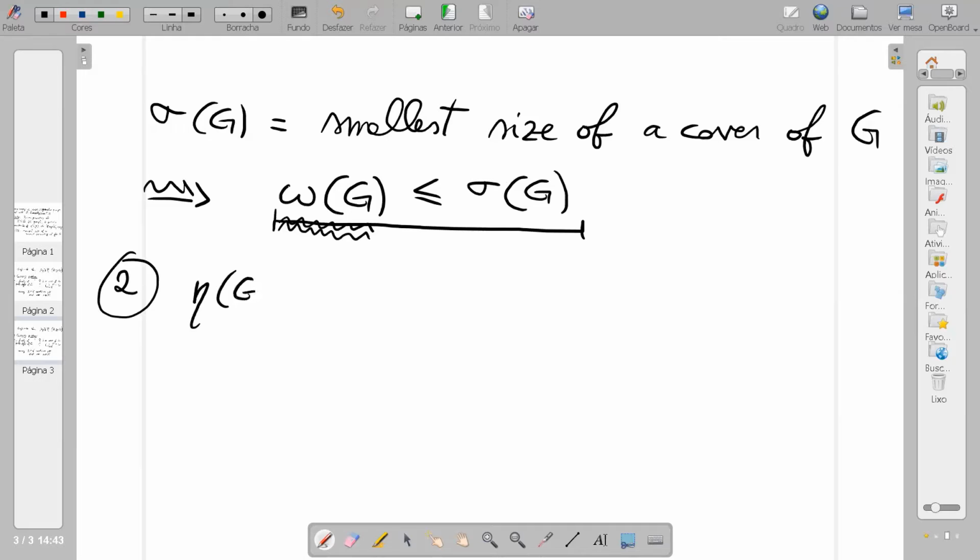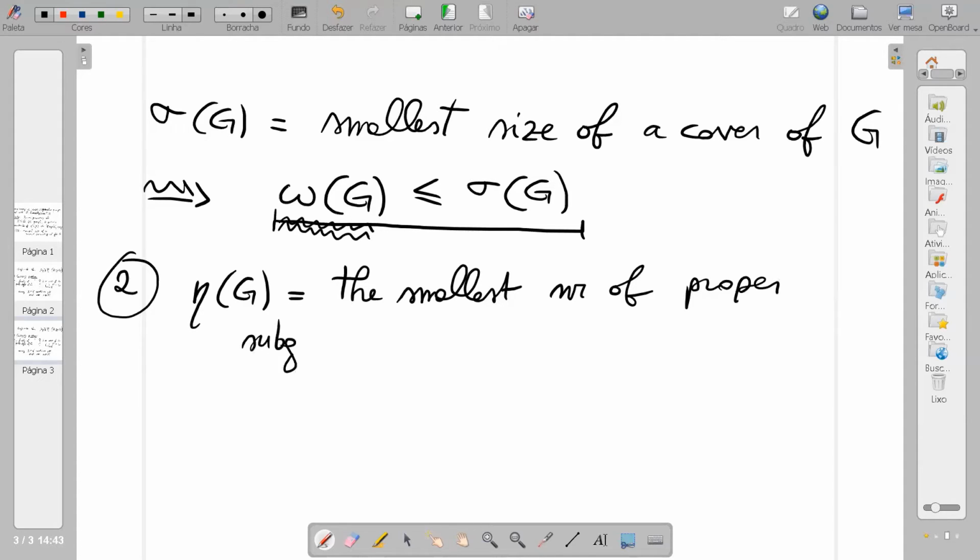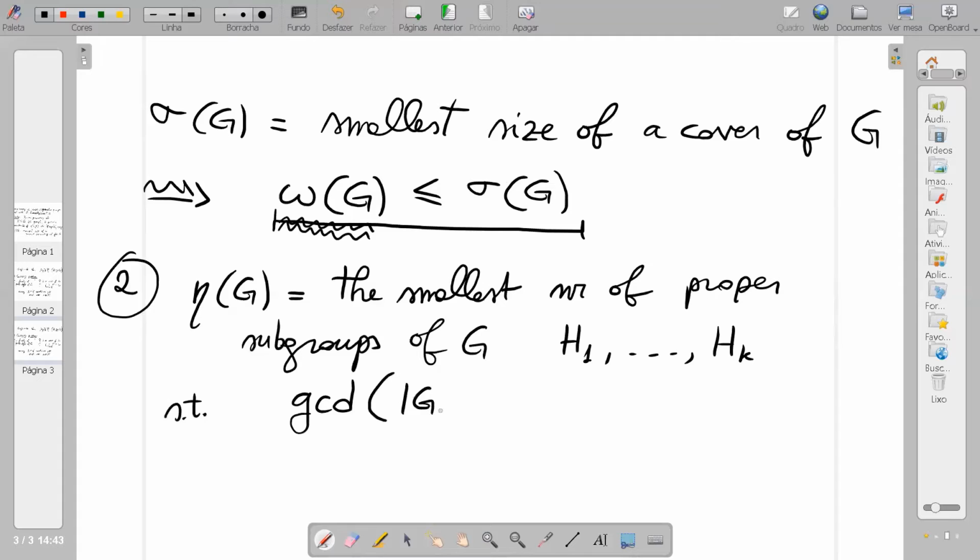Let's call it nu of G, which is the smallest number of proper subgroups of G, say H1 to Hk, such that the GCD of all the indices is 1, so they have coprime index. Which is also an interesting number to study.